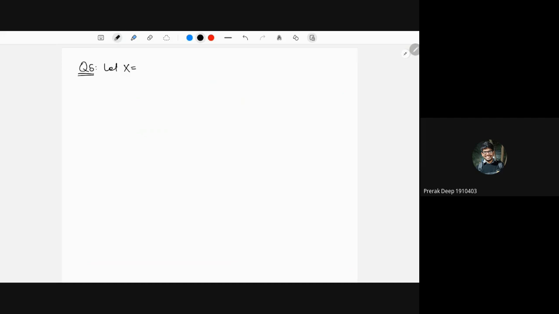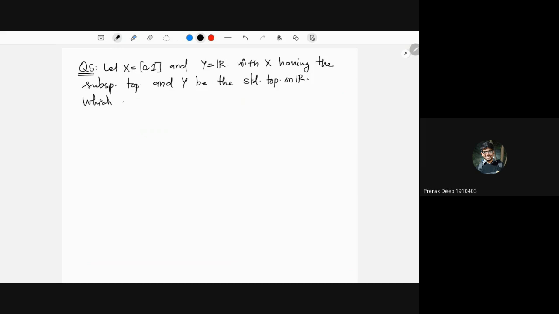Let X be this interval and Y be the whole space R, with X having the subspace topology and Y being the standard topology on R. Which of the following subsets are open in the product topology on X times Y?